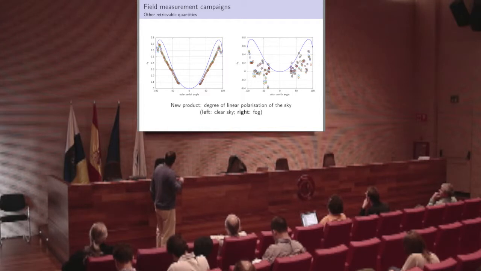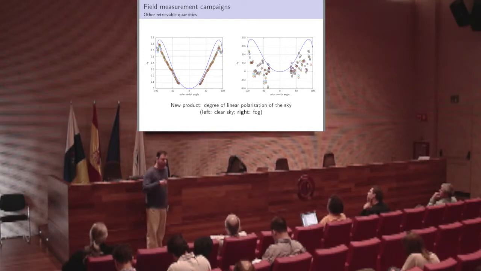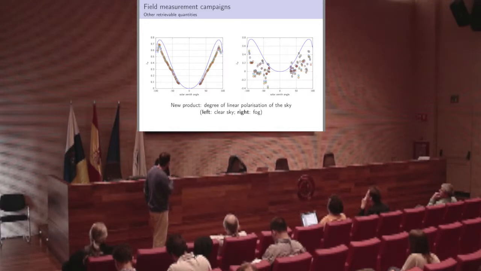The blue line is the model, which fits quite well, but there is some difference, which I think is not attributed to the model parameters that I tried to change, but to the efficiency of the polarizing filters inside the Brewer. 95% efficiency is enough to trigger this difference from the model to the data.